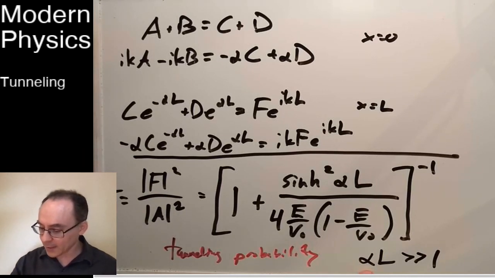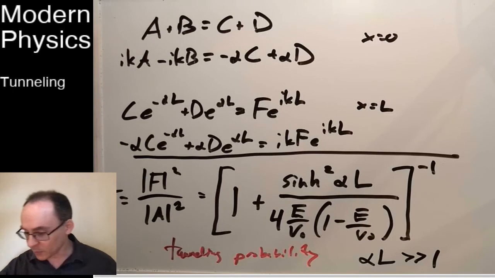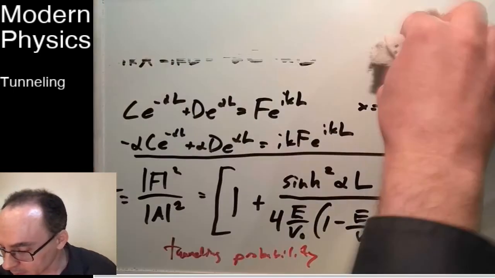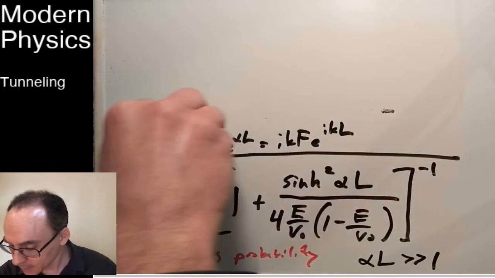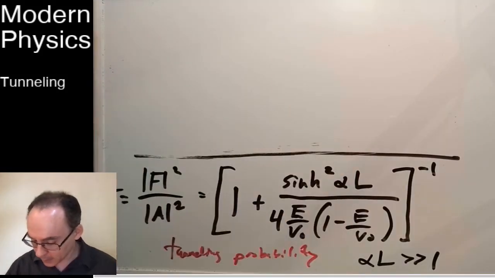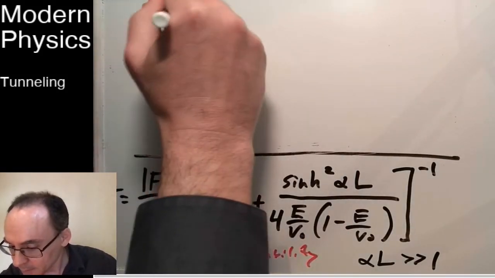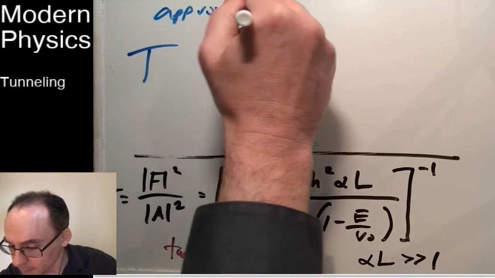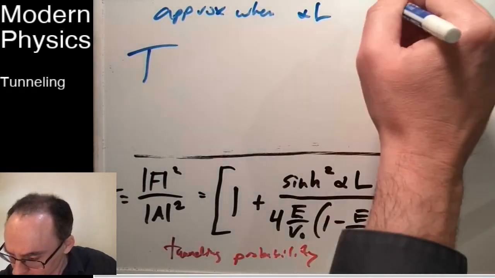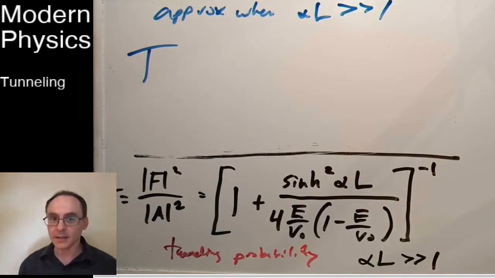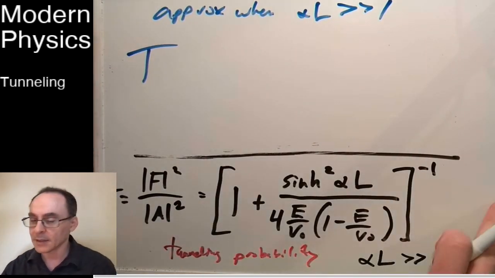And so if you have this, then you can make an approximation. What is the approximation? Let me clear off some top here. It's a little less cumbersome to calculate. And the approximation, let me just emphasize, is for when alpha times L is greater than 1.